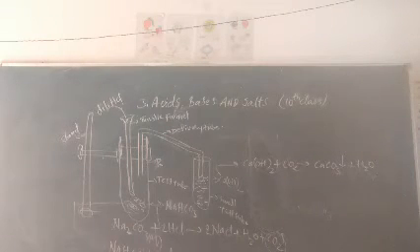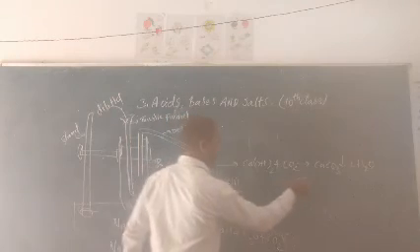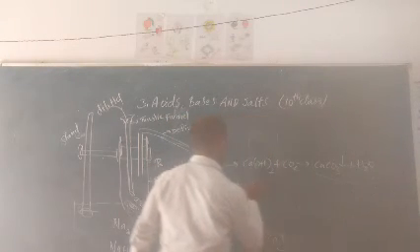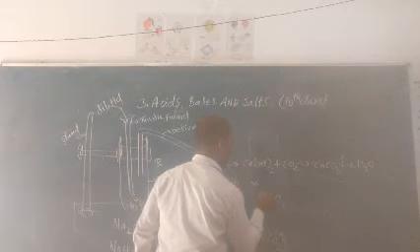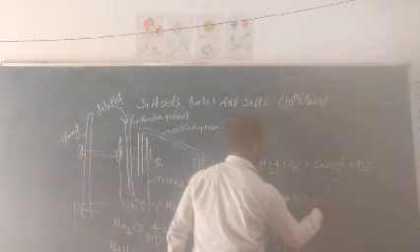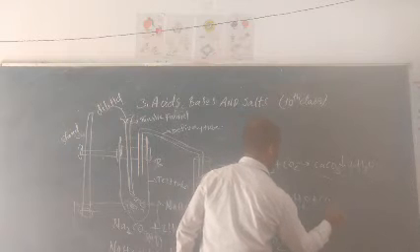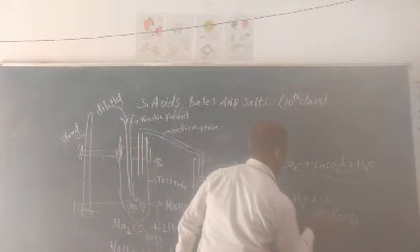If you pass excess carbon dioxide through it, the following reaction takes place: CaCO3, calcium carbonate, plus H2O plus CO2 (excess carbon dioxide).